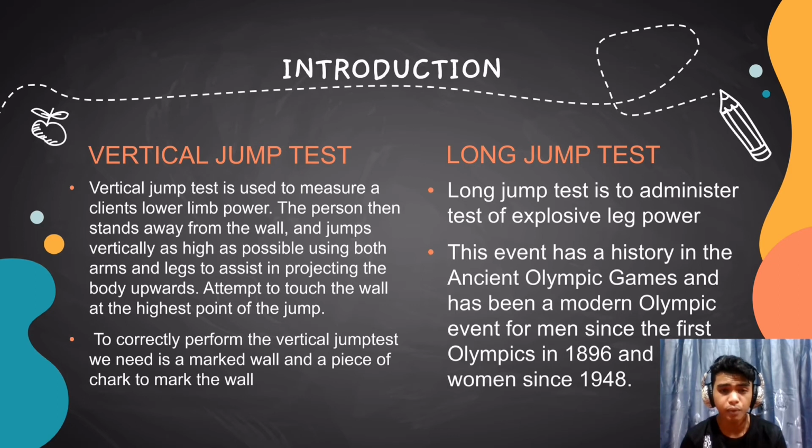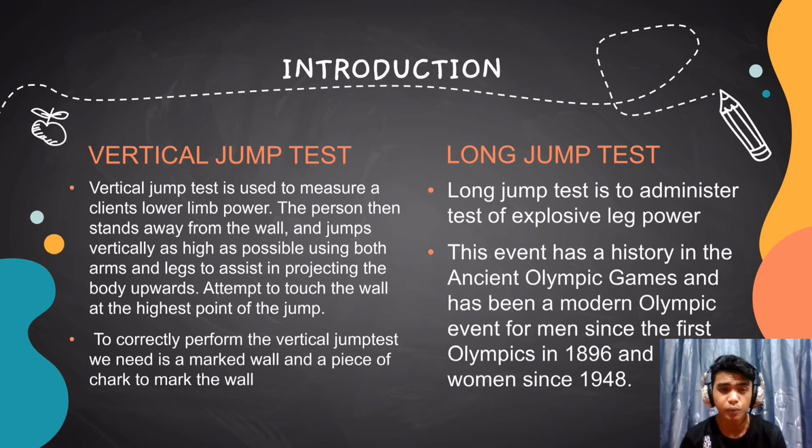To correctly perform the vertical jump test, we need a marked wall and a piece of chalk to mark the wall. It means we need enough power to make a good jump for the vertical jump test.